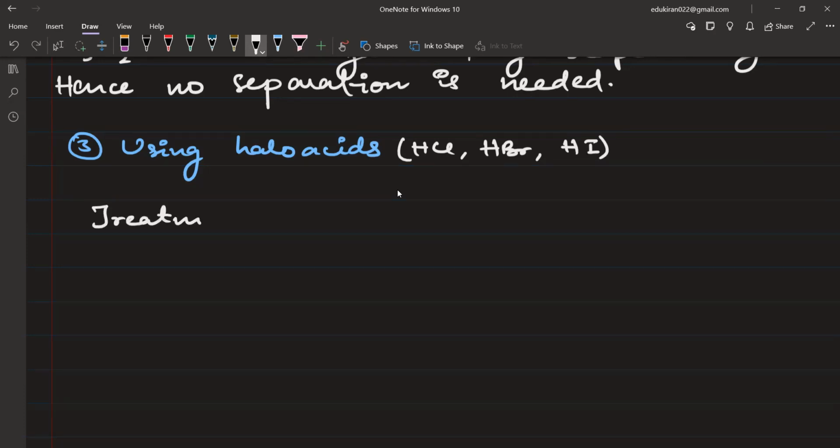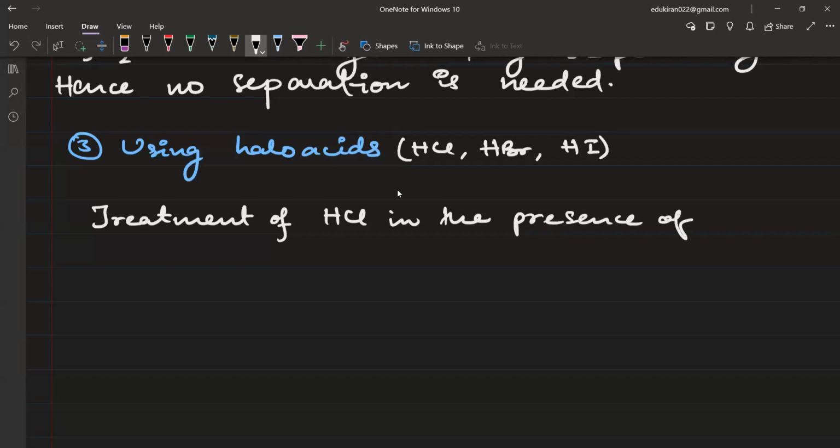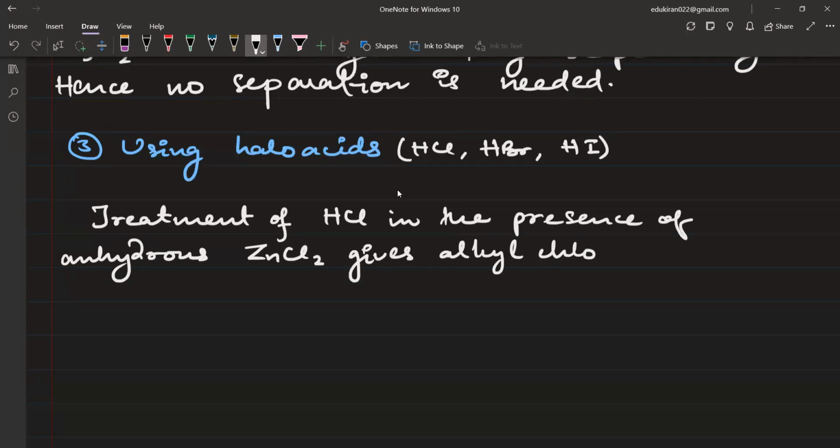Treatment of HCl in the presence of anhydrous ZnCl2 gives alkyl chlorides.